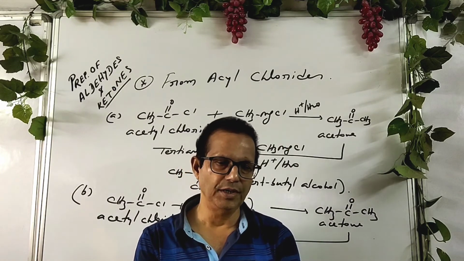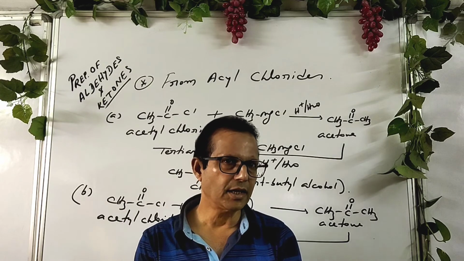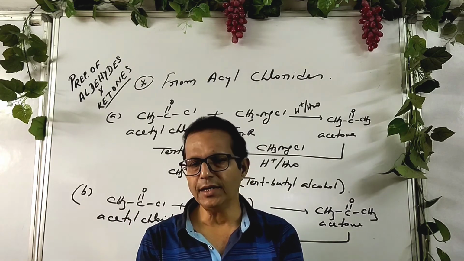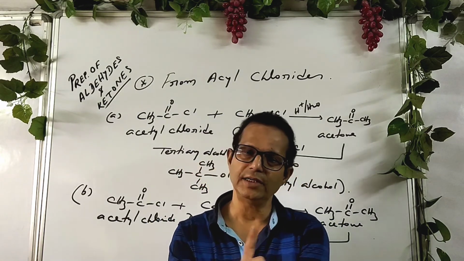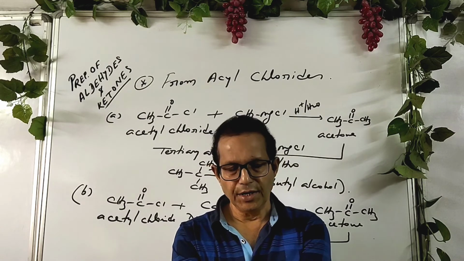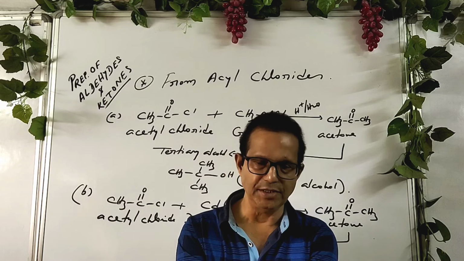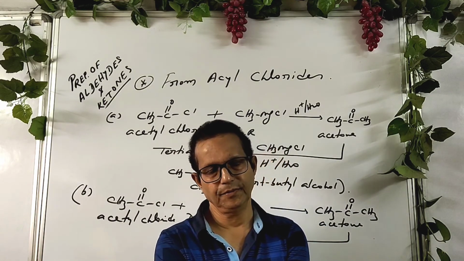So the next reaction, that is another important reaction, and this is the last reaction of preparation of aldehydes or ketones. So please remain. This is called Friedel-Crafts acylation. You know that there are two types of Friedel-Crafts reaction. One is alkylation, one is acylation. Introduction of alkyl group, methyl ethyl group on benzene is called Friedel-Crafts alkylation.